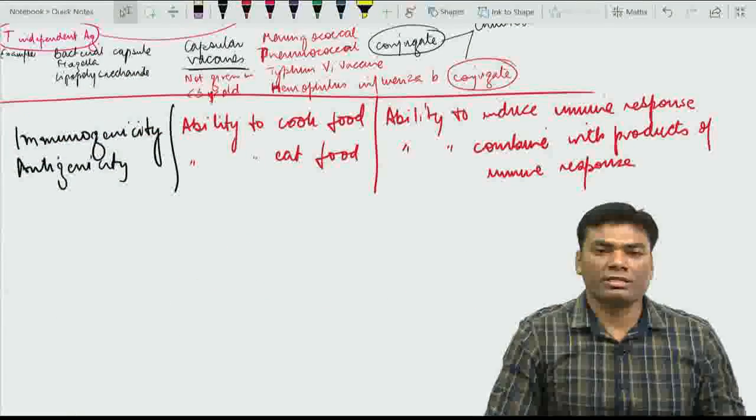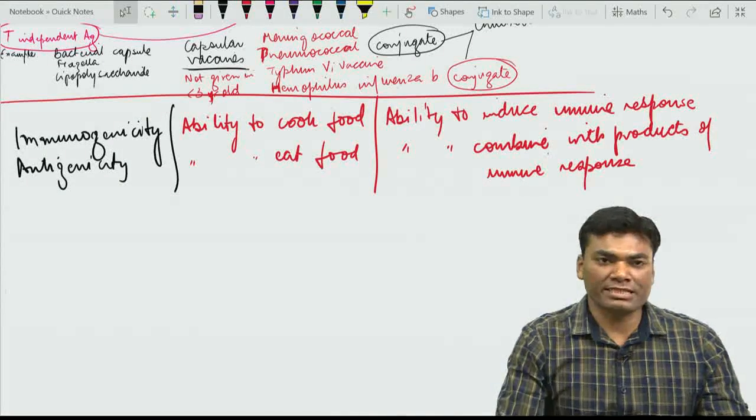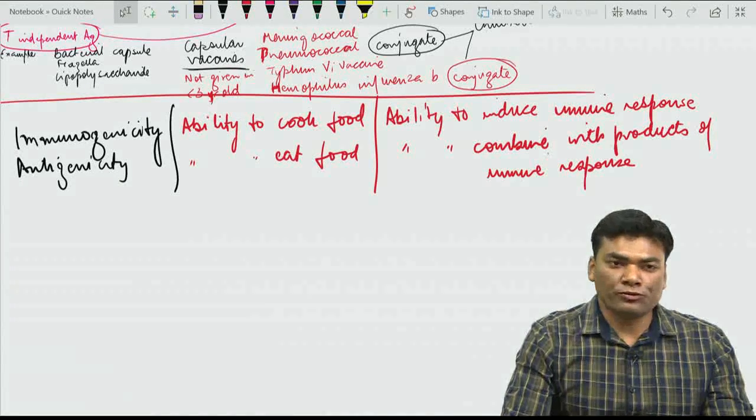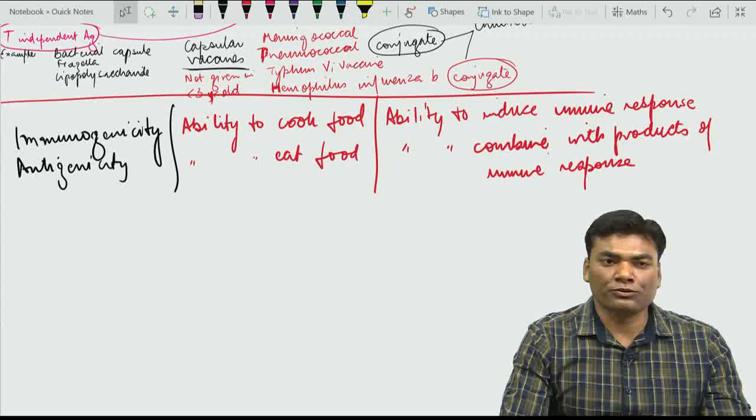Right. So you understand the concept of immunogenicity and antigenicity. Immunogenicity is the ability to cook food and antigenicity is the ability to eat food. You are always antigenic, but we are seldom immunogenic.